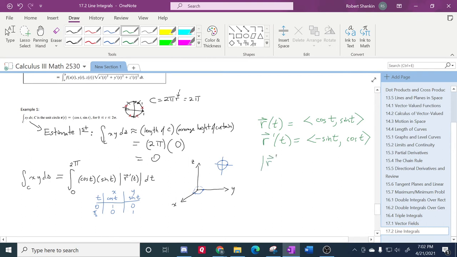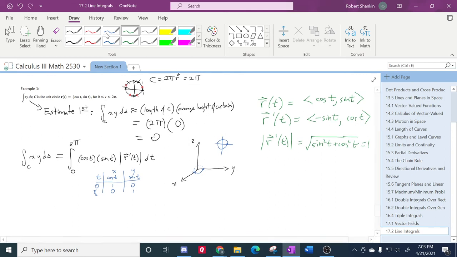Magnitude of r prime of t. We could have also just replaced this with the square root of dx/dt squared plus dy/dt squared. This is the square root of the sum of the squares, which is the square root of 1, which is 1. So this just becomes a 1.